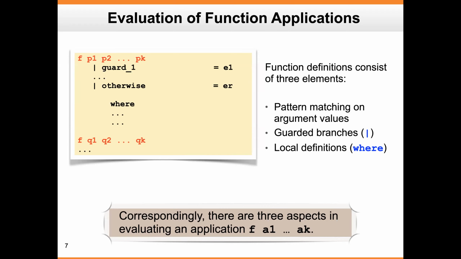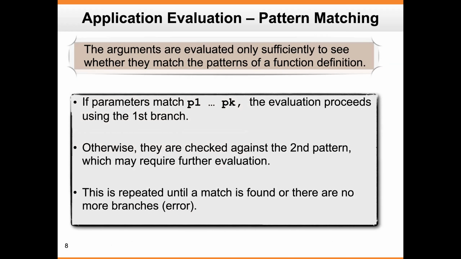Correspondingly to this kind of template for function definitions, there are three aspects in evaluating a function application. So F applied to the arguments A1 to AK. The idea is that the arguments are evaluated only sufficiently to see whether they match the patterns in the function definition.